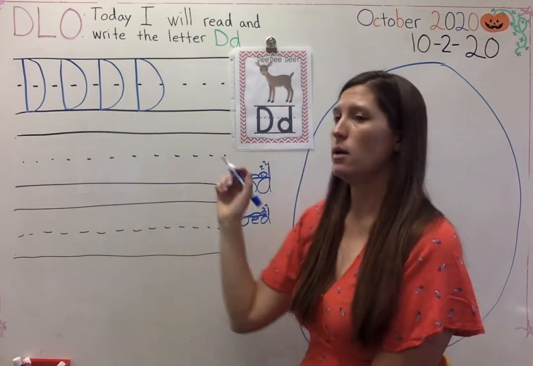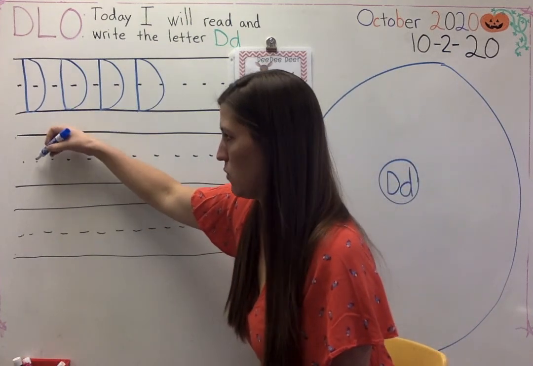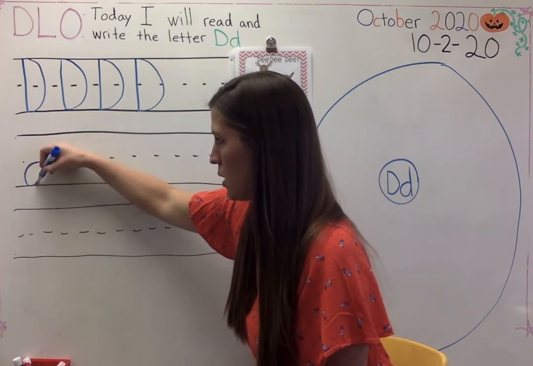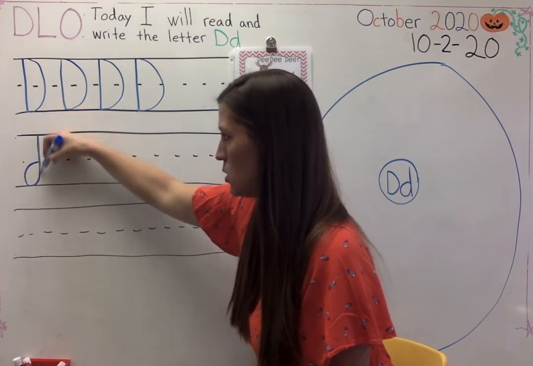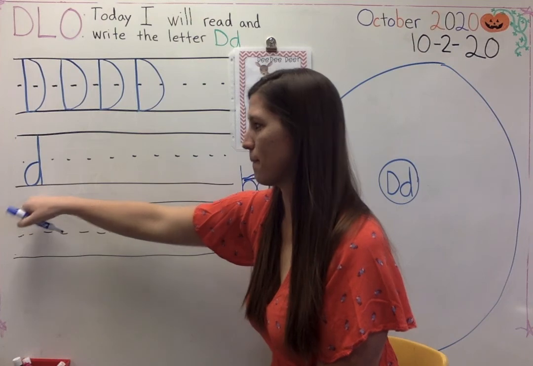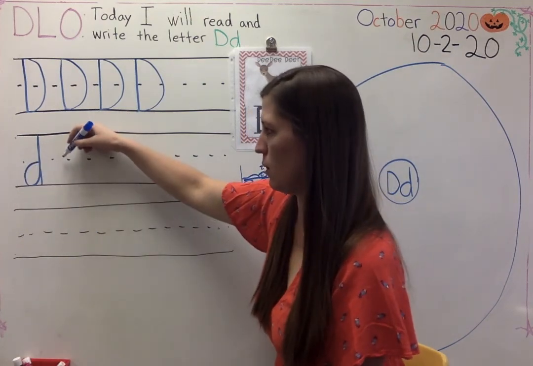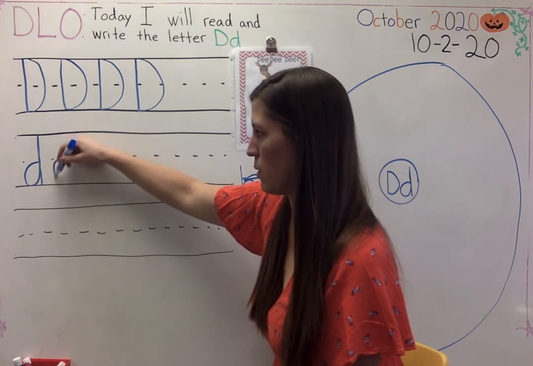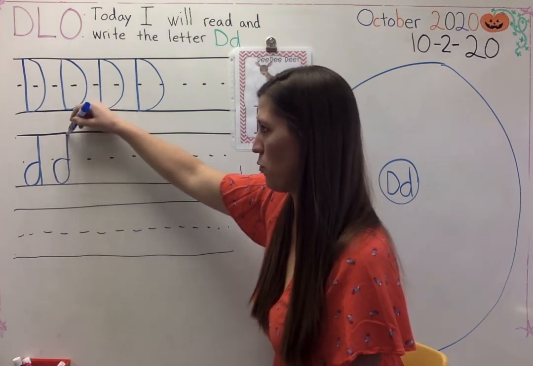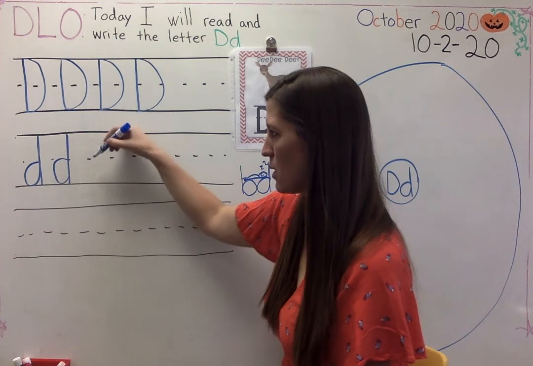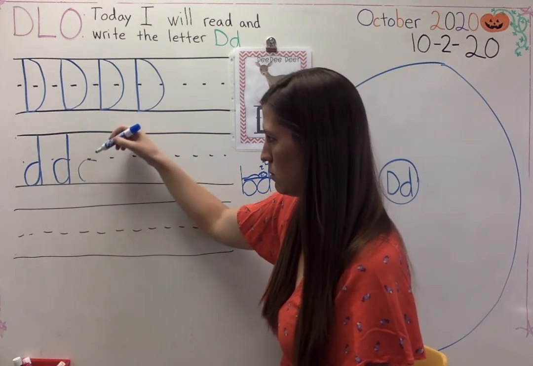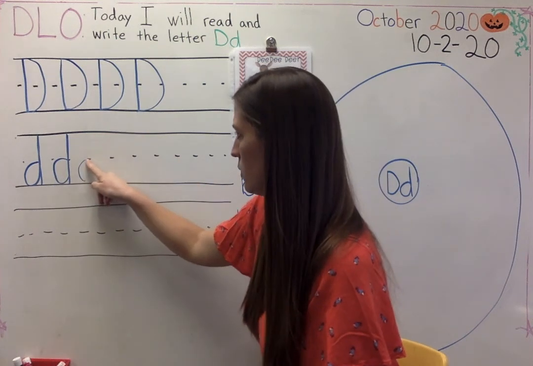Lowercase d. Starts at the fence, left around the dinosaur, up from head to toe. D. Your turn. Straight arm, pointer finger, point to the tip of my marker. Let's go. Left around the dinosaur, up from head to toe. D. Left around the, sorry, that one turned off.